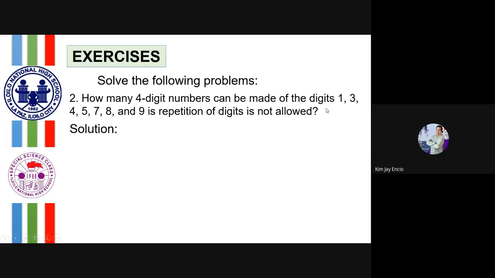So you see how many digits are given. We have 1, 2, 3, 4, 5, 6, and 7. So since 7 digits are given, n is 7. And since we are going to make 4-digit numbers only, there are only slots for 4. That's why your r is 4.